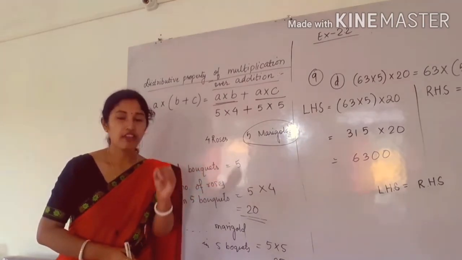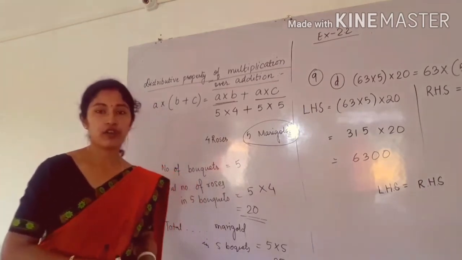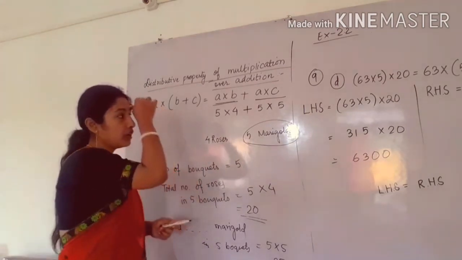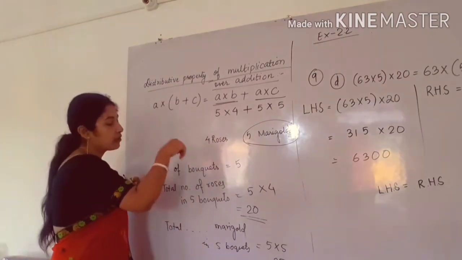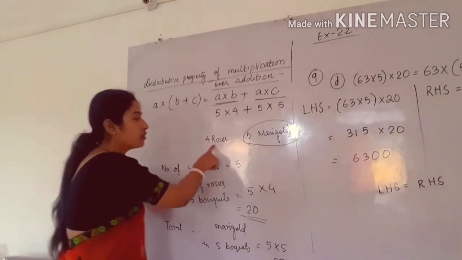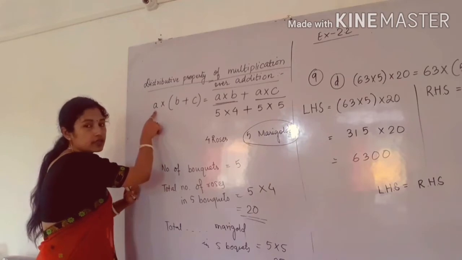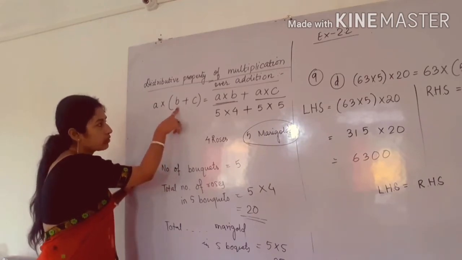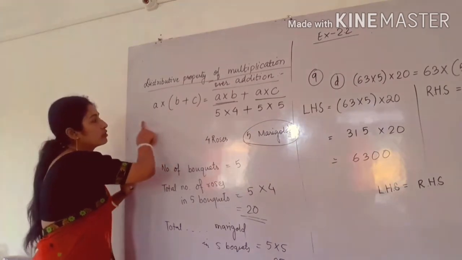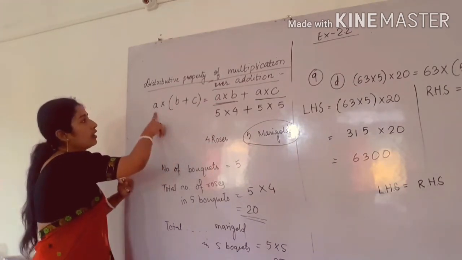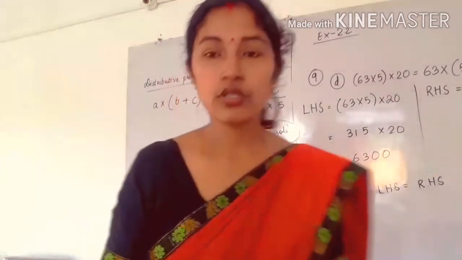In 5 bouquets you have to put both the flowers, marigold as well as rose. That's why we are using this property. Here the number of bouquets is same for both rose and marigold. So the number of bouquets is equal to A. B is the number of roses and C is the number of marigolds in one bouquet. So this is called the distributive property of multiplication over addition. So let us do some questions.